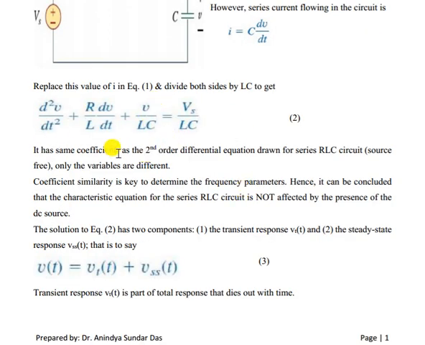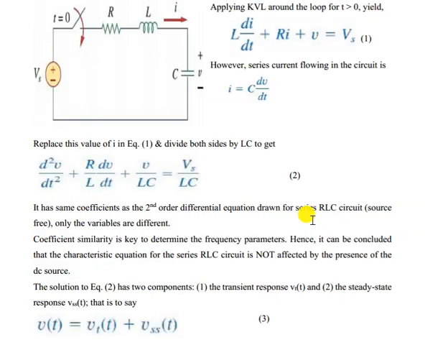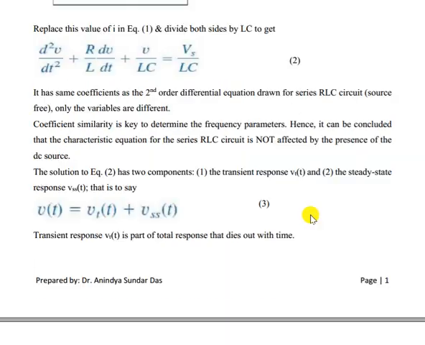Now you can see this is a second order differential equation, d square V/dt square. So what will be the response? As we know from the previous lectures, the solution can have two components, transient response and steady state response. V(t) can be written as V transient plus the steady state response.